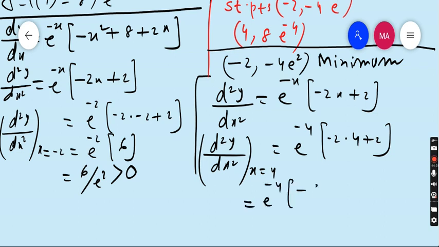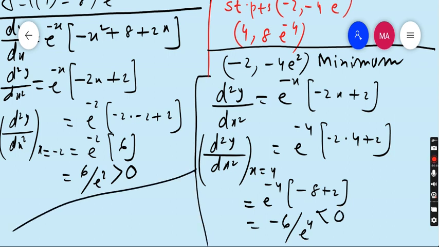Minus 2 into 4 is minus 8 plus 2. Minus 8 plus 2 is minus 6 upon e power 4, obviously less than 0. Hence the second stationary point 4, 8 e minus 4 is maximum. So question is little bit lengthy but very easy. Move to part F.